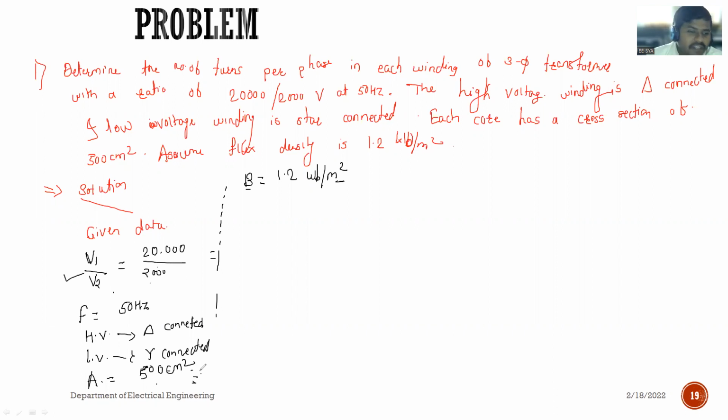So it is nothing but A is equals to 500 into 10 raised to minus 4 meter square, or we can write 0.05 meter square. लिहू शकतो ना? Yes. Okay, so this is the value of A.